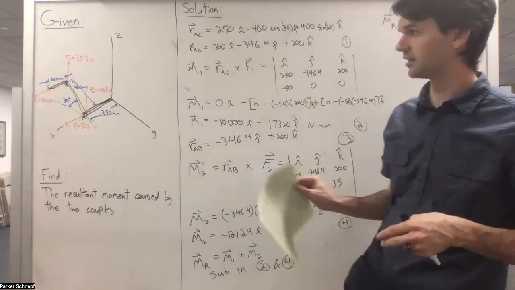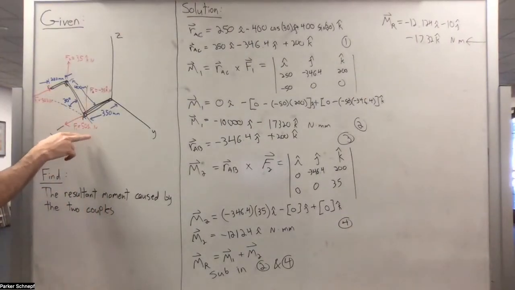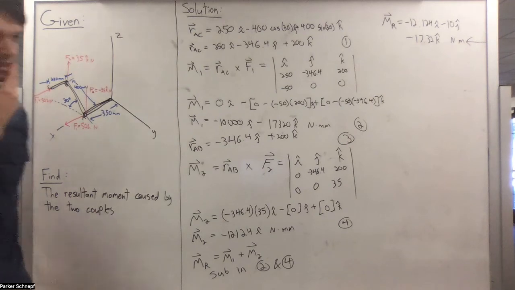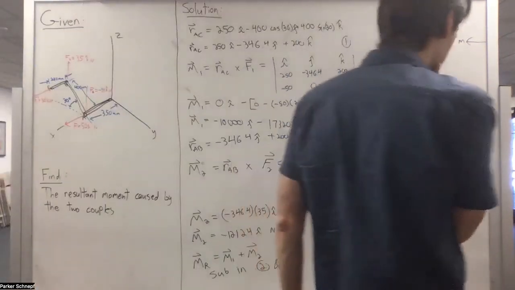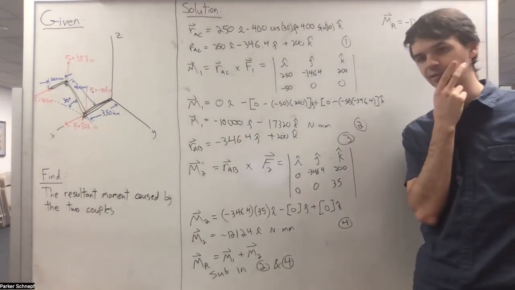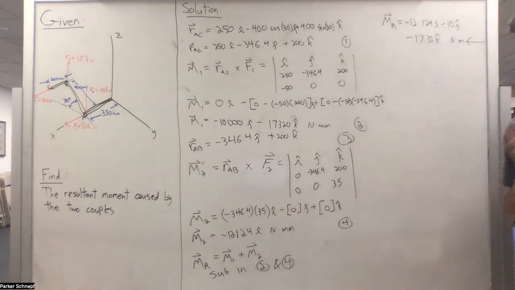So for F1, it's in the x, so we could just take the force times the z and the y components of the distance, like what we did in 2D. I don't recommend that typically because it's just going to get more confusing. You can easily mix up your signs, but that's typically the process.